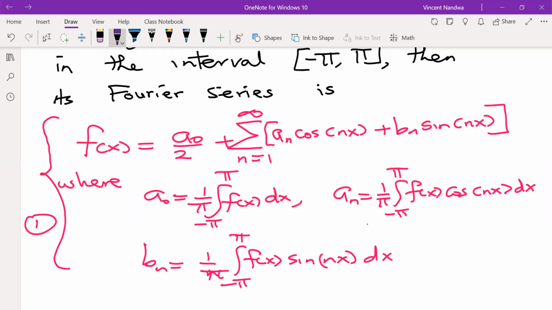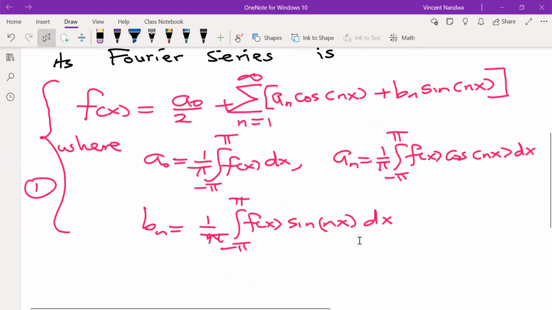So the interest is now to see how we get a Fourier series formula for a function that is defined in an arbitrary interval from minus c to positive c.